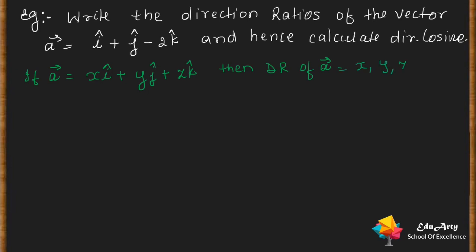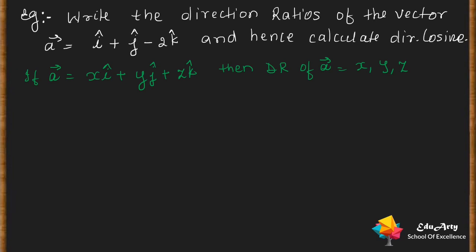Are you getting it? Any vector in the world, its direction ratios are the scalar components. Now we have to do the direction cosine. I'll explain this a little bit and then we will come back to the question.